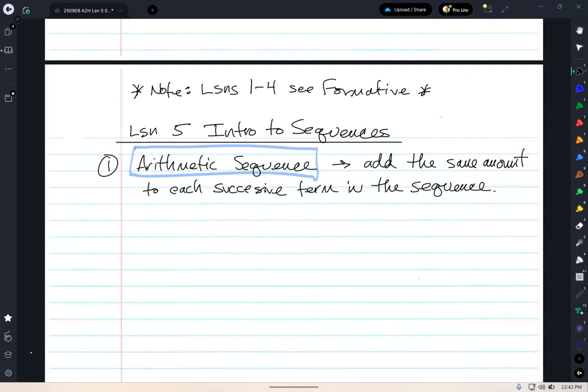What makes a sequence arithmetic by nature is us adding the same amount to each successive term in the sequence.